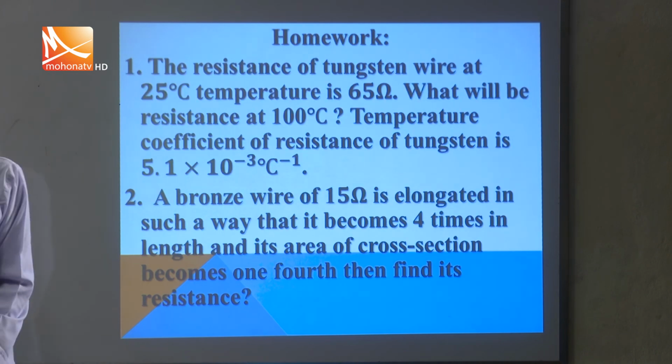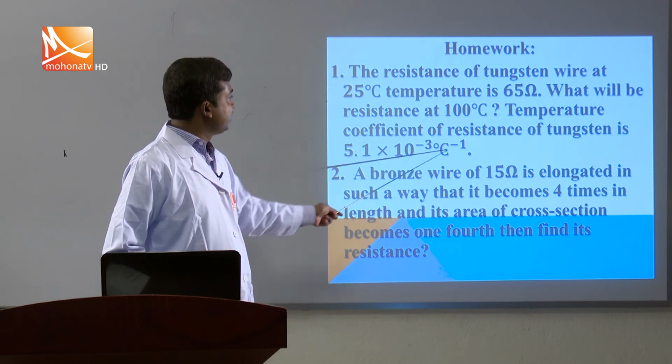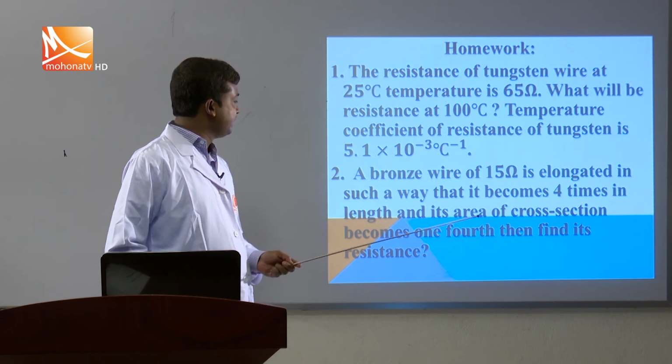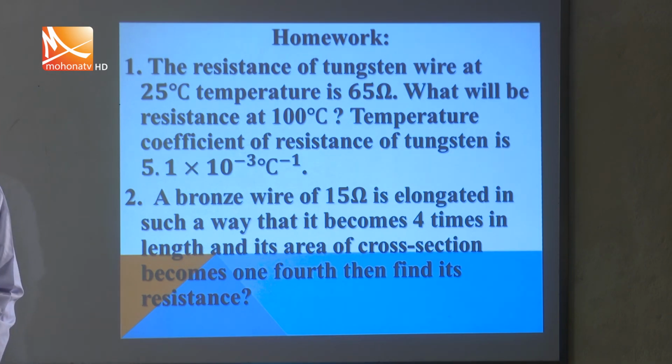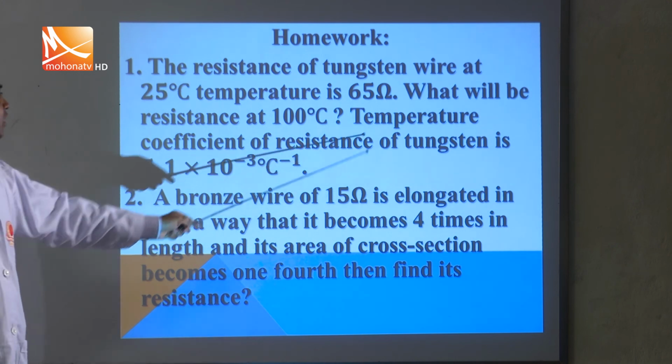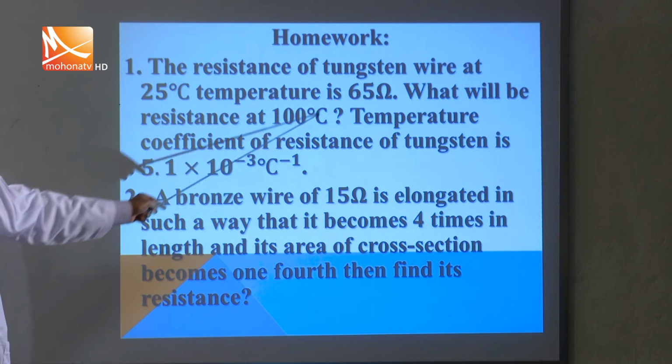Now, we have reached the end of our class, and here is a simple homework for you. Two problems are available here. Number 1 is related to the temperature coefficient of resistivity, and number 2 is related to specific resistance, R equals rho L by A. The first problem says that when temperature is 25 degrees Celsius, the resistance is 65 ohm, and you have to calculate the resistance when temperature is 100 degrees Celsius.